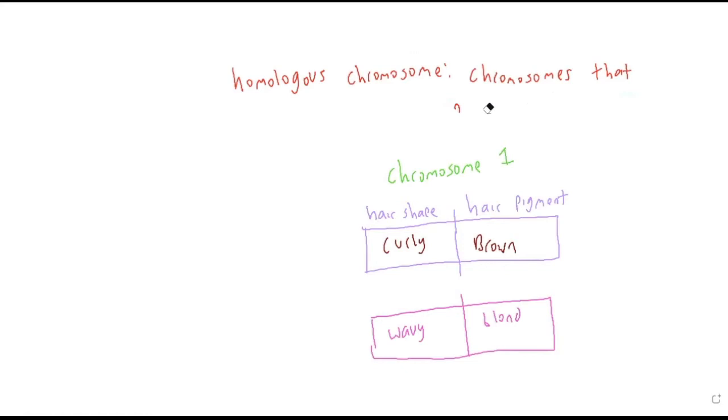So if homologous chromosomes are chromosomes of the same number that have the same genes, non-homologous chromosomes are chromosomes that contain completely different genes.